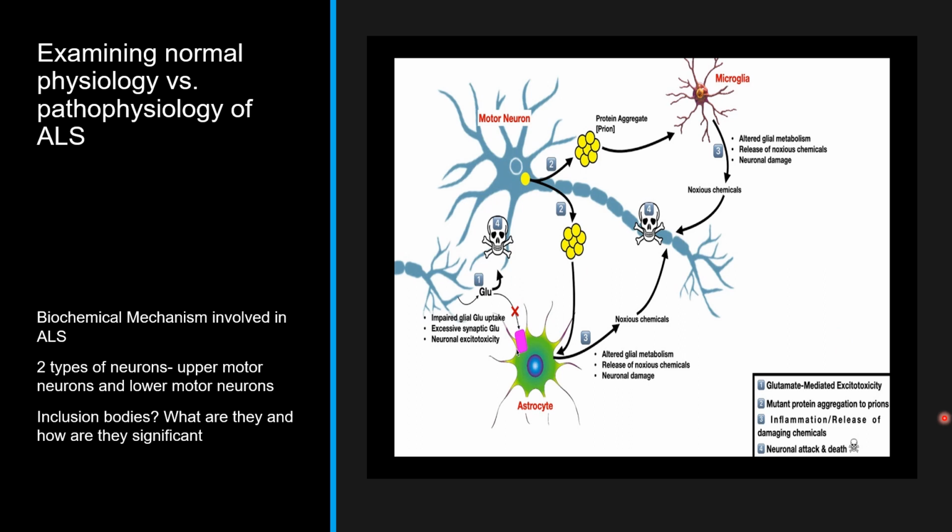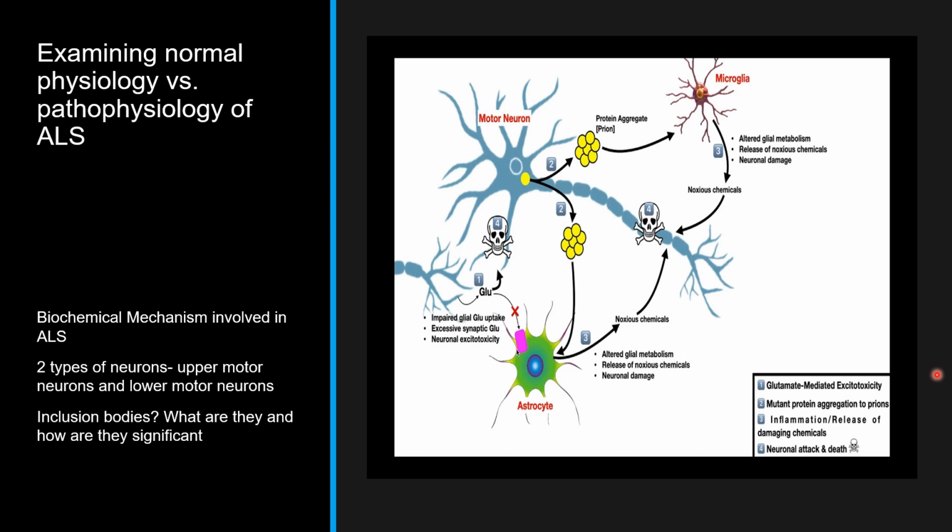Once the motor neuron is dead, it leaks its contents out of the cell, and then the prion escapes and affects other cells. This explains why ALS can start in a focal area of the nervous system and spread to different parts of the brain.